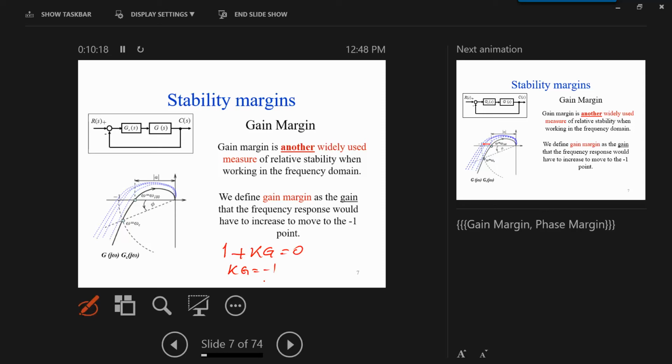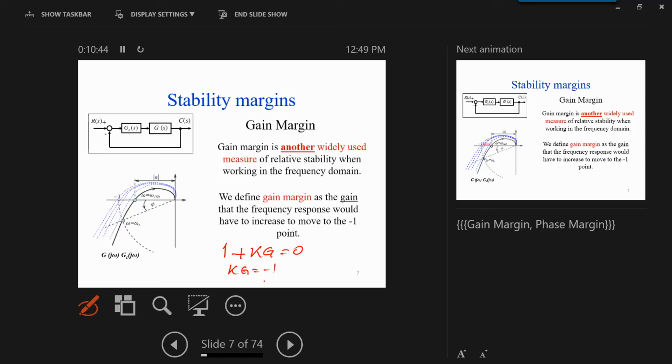In the root locus, we can make the system unstable by increasing k for a second order system. This is the root locus for a second order system, right? It's a plus, correct? So if I keep increasing k, what happens to the damping?